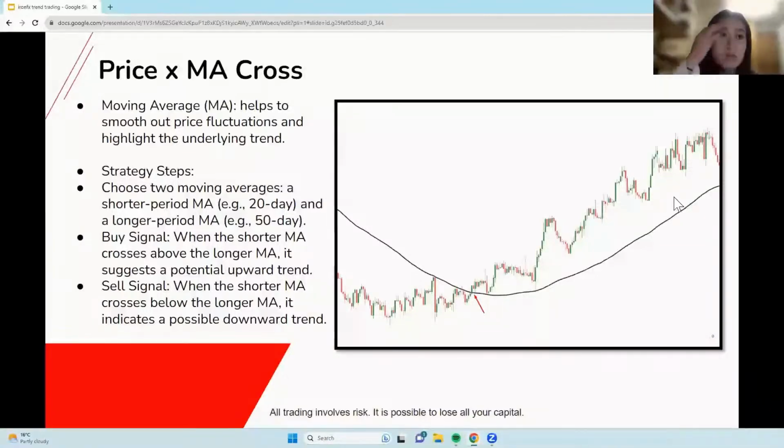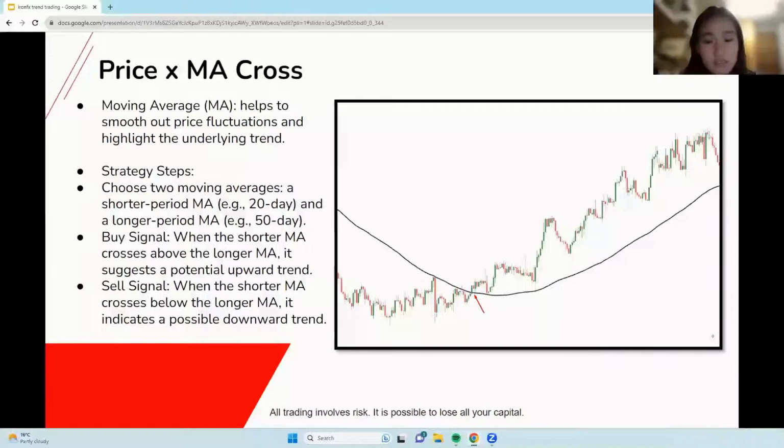So there are a couple of steps for this strategy. Firstly, you choose two moving averages. For example, here we are using a shorter period moving average, which is 20-day, and a longer period moving average, 50-day.